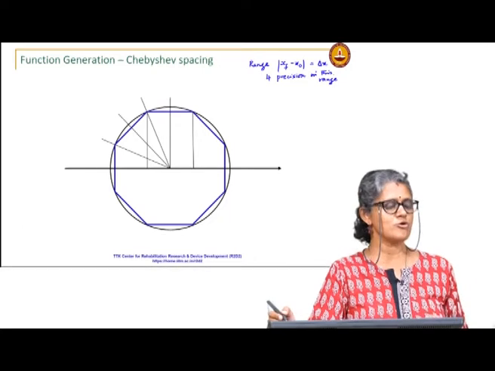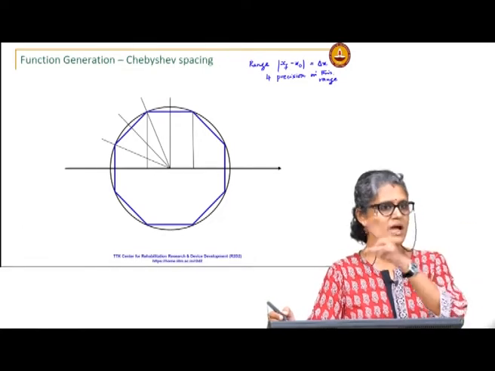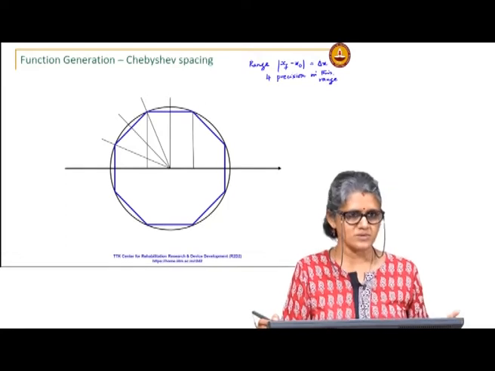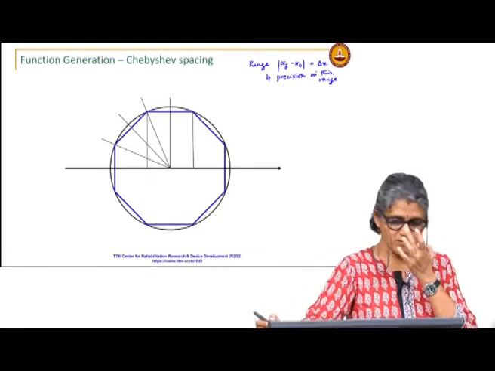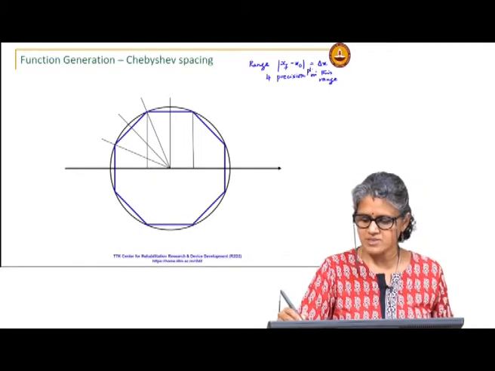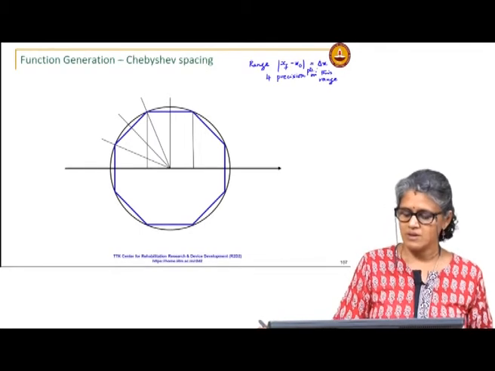If I determine 4 precision points, I will get 3 angular displacements for this.